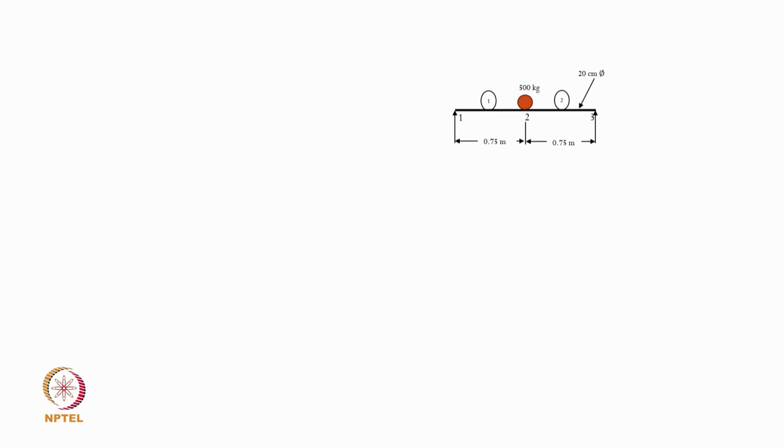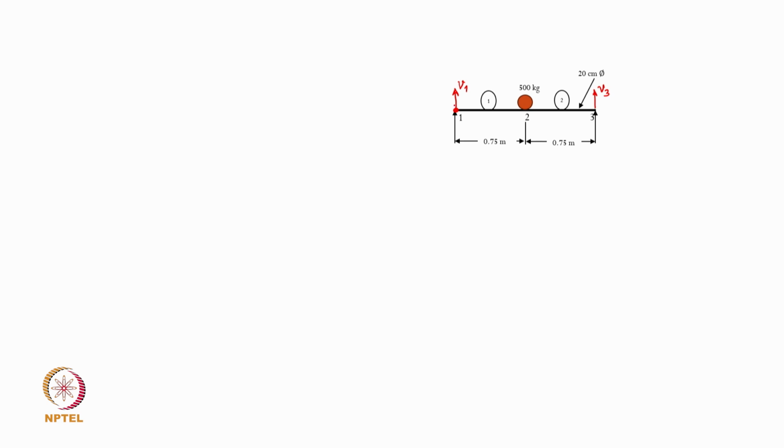Now, as we said that this represents a shaft which is supported in bearings, we assume again that the bearings offer simple support end conditions, which means that the nodal degree of freedom here is going to be restricted by the bearing, because if it is a simple support, the translatory motion here will be 0, and therefore, the nodal degrees of freedom V1 and V3 both should be 0 for representing the simple supports.